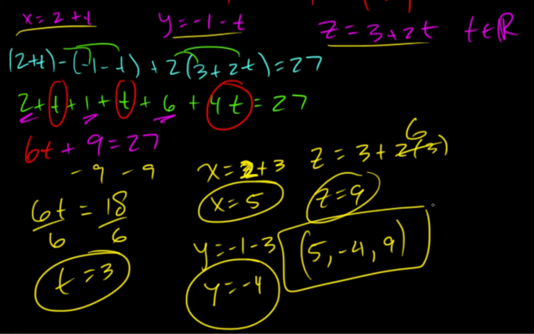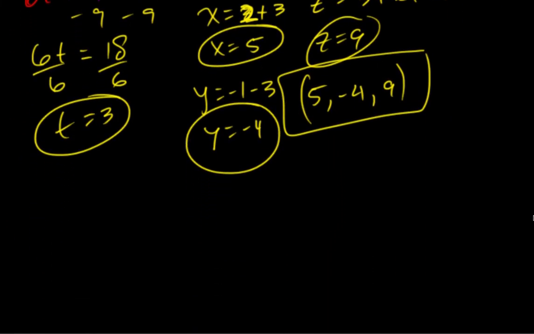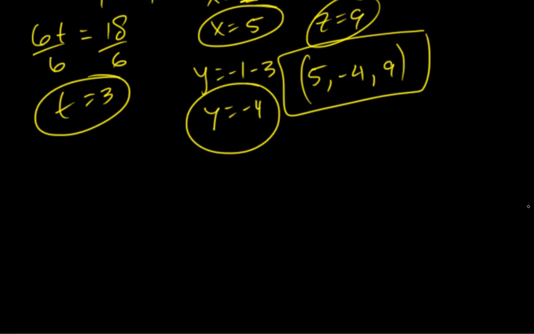Now, to find the shortest distance, we just need to find the magnitude of AN. So if we come back up here, we just need to find the magnitude of this. All right, so first I'm going to find AN.